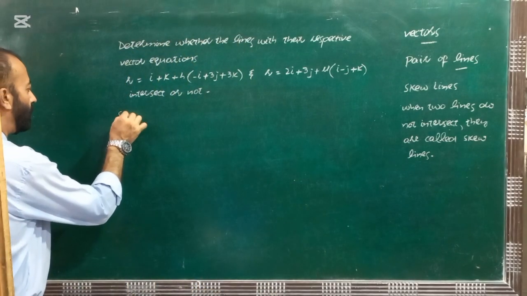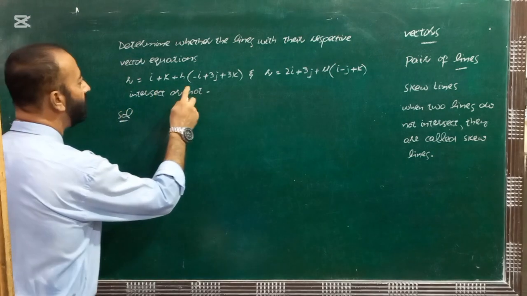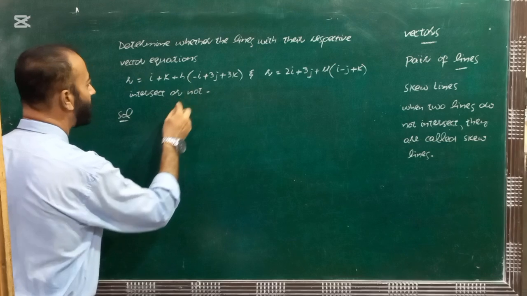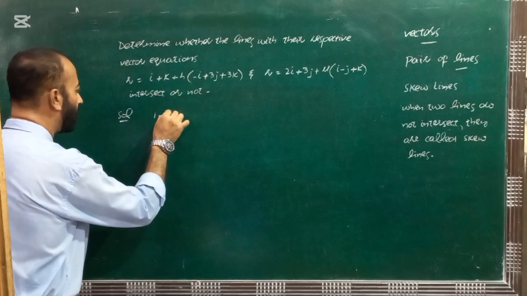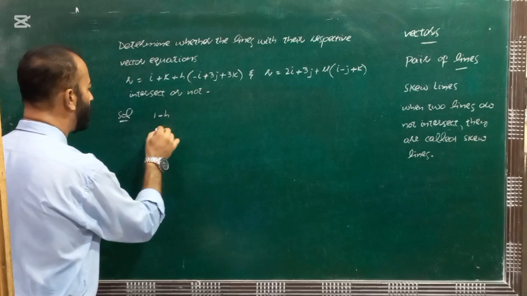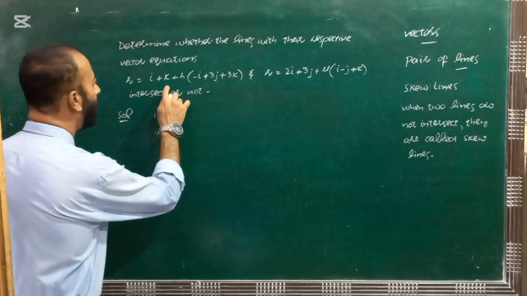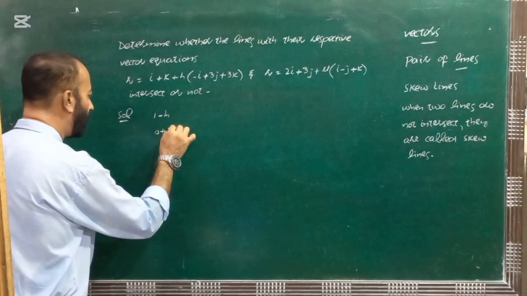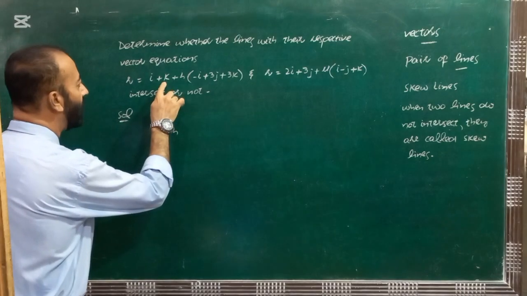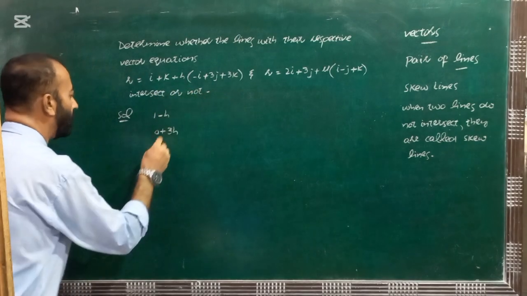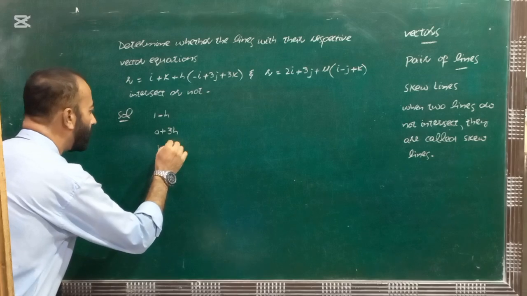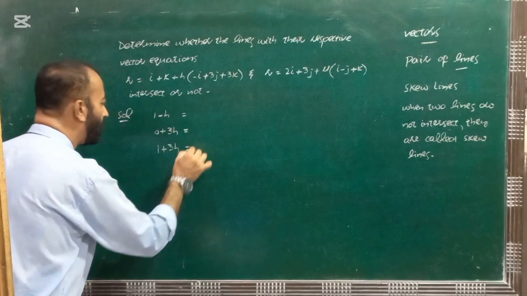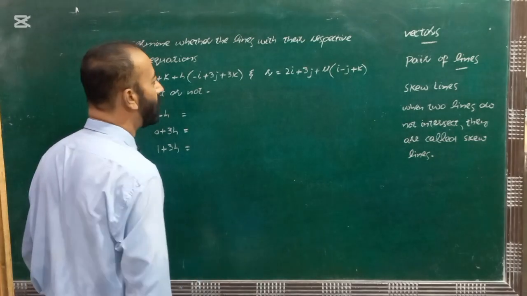Here is the solution. The position vector for the first line is i: 1 minus lambda, j: 0, so 0 plus 3 lambda, and k is 1, so 1 plus 3 lambda. These are the position vectors of the first line, which are going to be equated with the position vector of the second line.